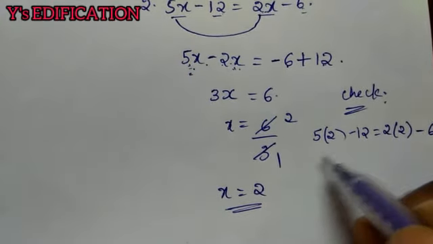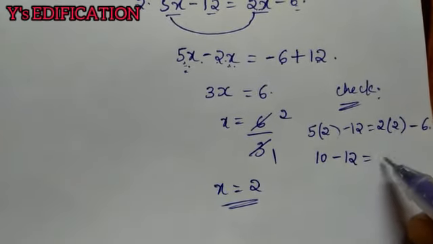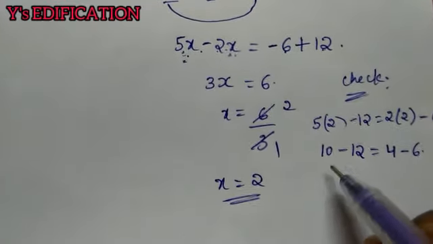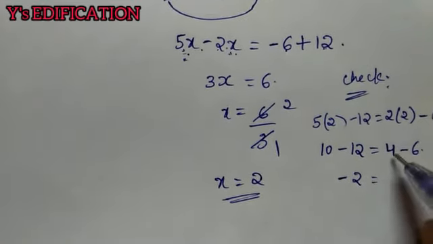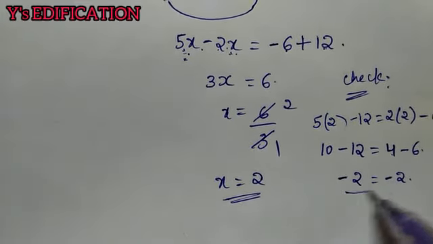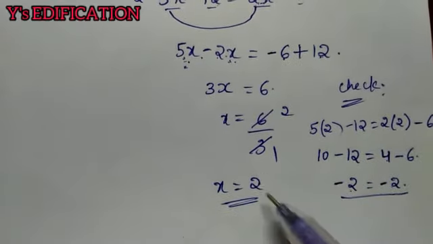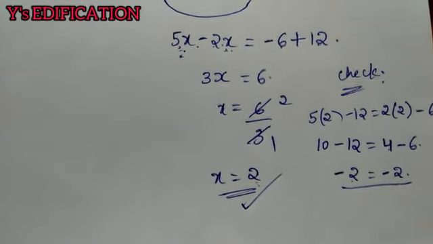So what is 5 into 2? 10 minus 12 is equal to 2 into 2 is 4 minus 6. So what is 10 minus 12? Minus 2 is equal to, what is 4 minus 6? Minus 2. So minus 2 is equal to minus 2. That means LHS is equal to RHS. So x is equal to 2 is the correct answer.